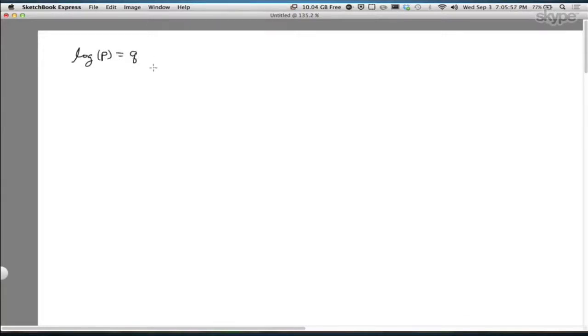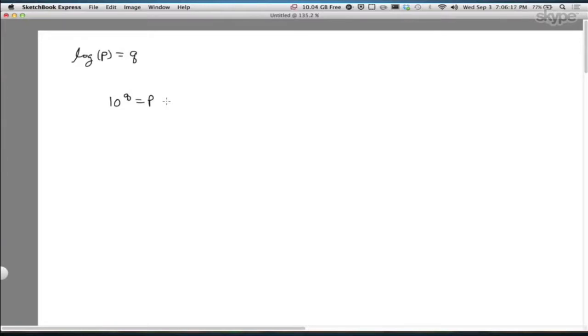Good. And now let's rewrite that as an equivalent equation that doesn't have the log in it. Okay, very good. So do you remember, what do we call the 10? What's the name for what the 10 stands for?